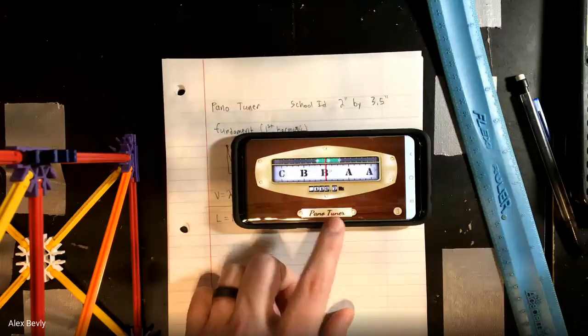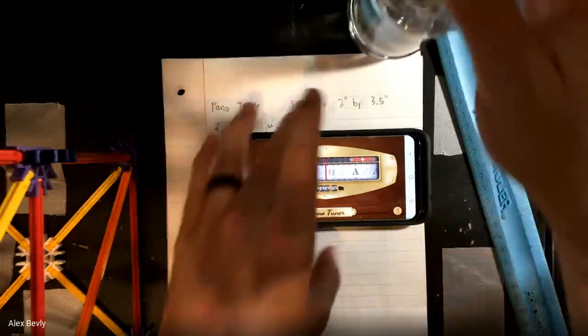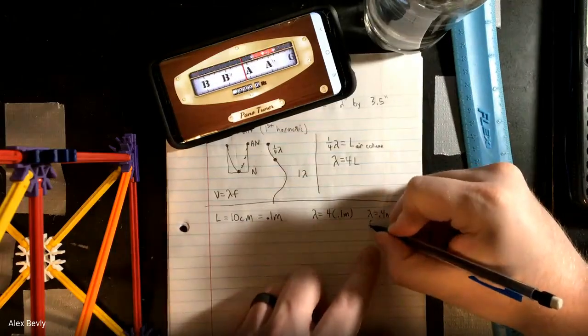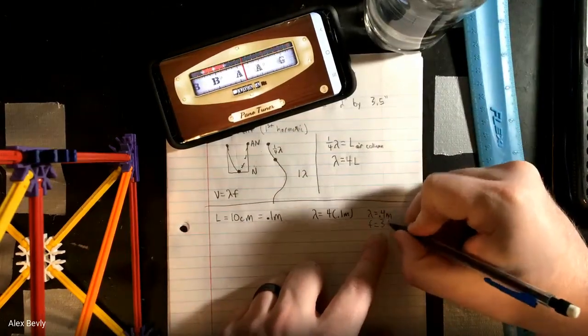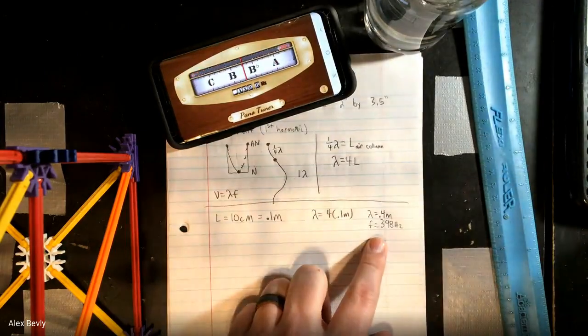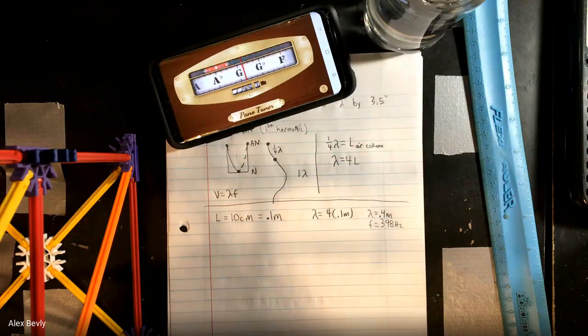It was bouncing around. I saw 397, 398, somewhere right around there. So my frequency was about 398 hertz. So I could combine this together to get the speed of sound in air. So what would I do?